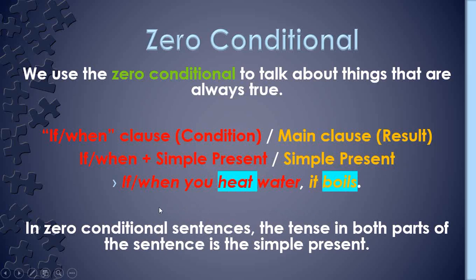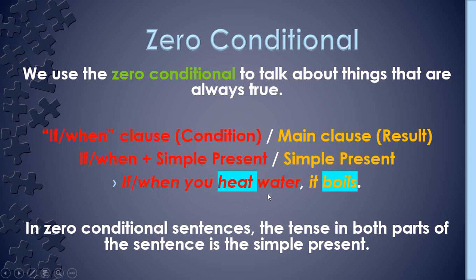Then here we have an example of a sentence in zero conditional. If you heat water, it boils. Or using the word when: when you heat water, it boils. As we can see, the red part is the one that is giving us the condition.